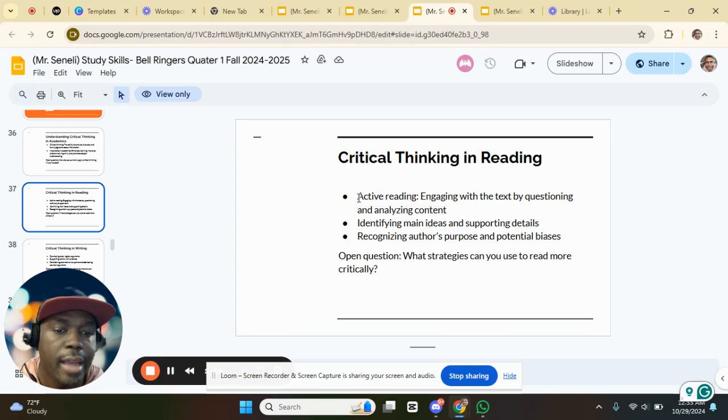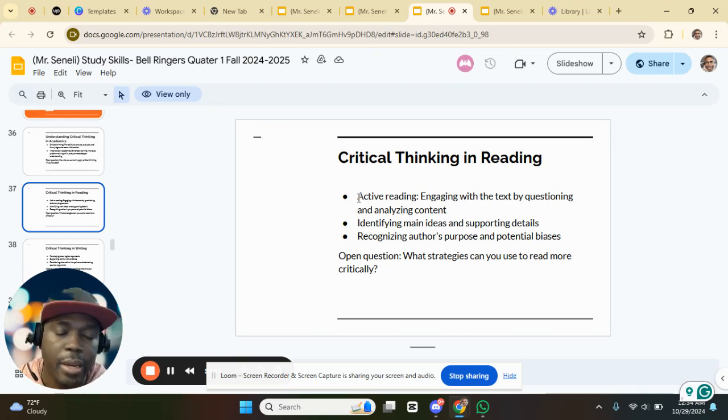So active reading is basically engaging with the text, questioning and analyzing content. When you're reading, I like to highlight some of the main vocabulary that I don't understand. That way, I can look for the meanings of those vocabulary words, and then I can have a deeper understanding about the text.